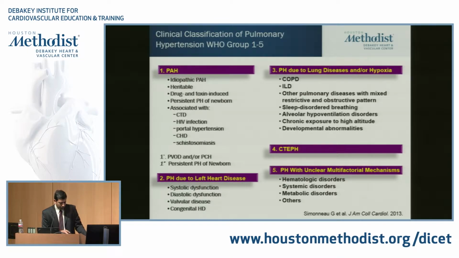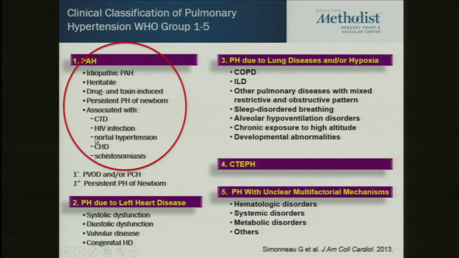So this is the latest classification of pulmonary hypertension. As you can see here, number 1 is the PAH, which is pre-capillary pulmonary hypertension. And this is associated with connective tissue disease, HIV infection, patients with liver disease, and most of it is actually idiopathic, where we really don't know a cause.